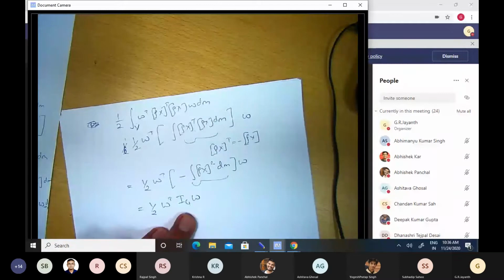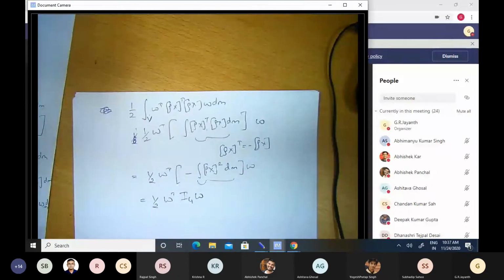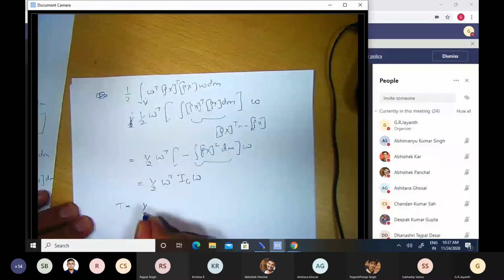Omega transpose Ig omega. It's not as simple an expression as what you got for translational motion. Here you will have components which are products of omega x and omega y and so on in the kinetic energy expression. Any questions about this derivation? It's straightforward algebra. So the total kinetic energy is equal to half of mass times the center of mass velocity squared.